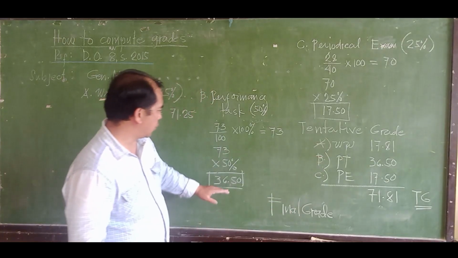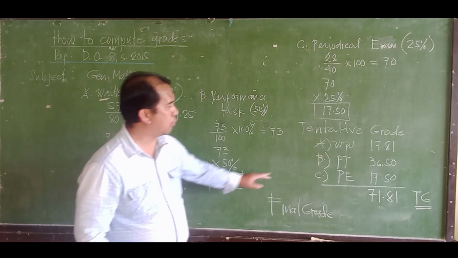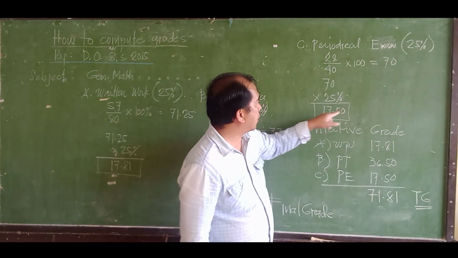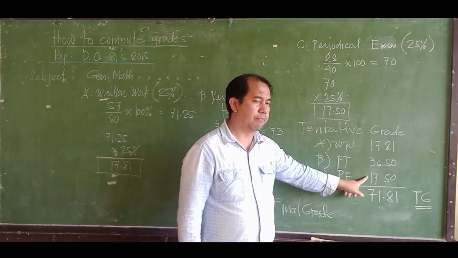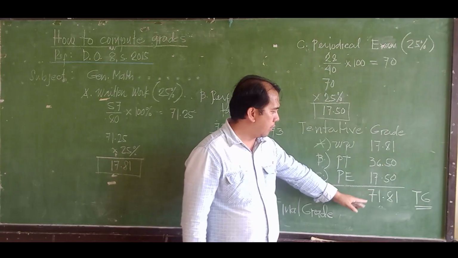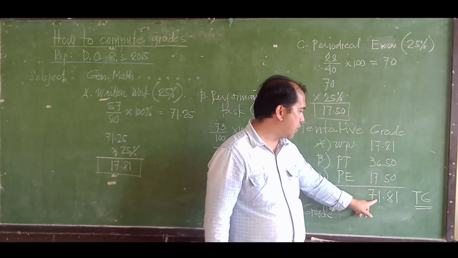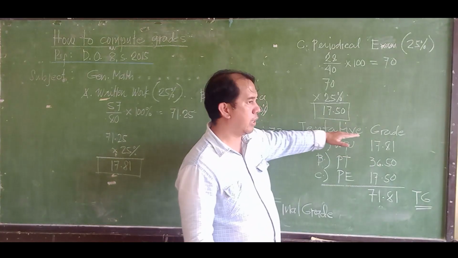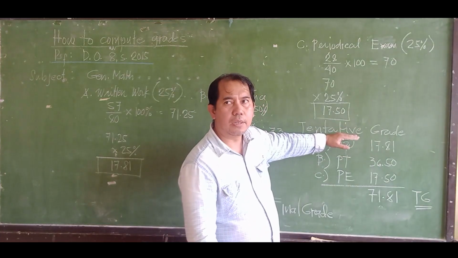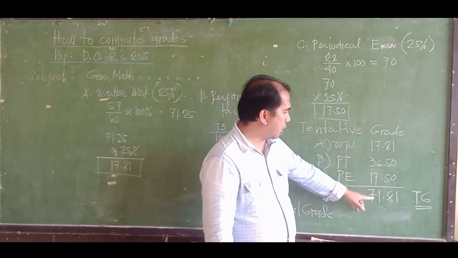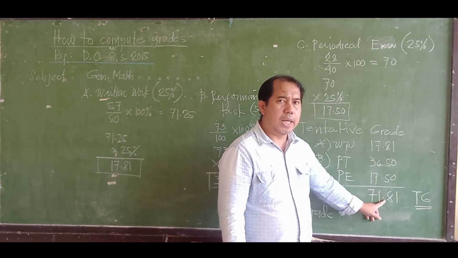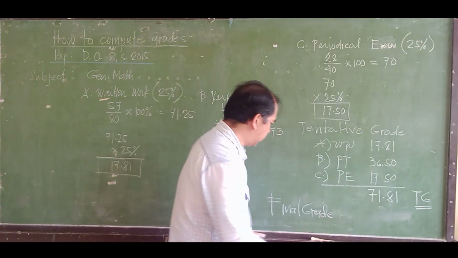Another one is we consider this 36.50 for the performance task. And for the periodical exam, we consider this 17.50. Now, if you total them, we have here 71.81. That is actually your tentative grade. That is not the final grade. So our tentative grade is 71.81.